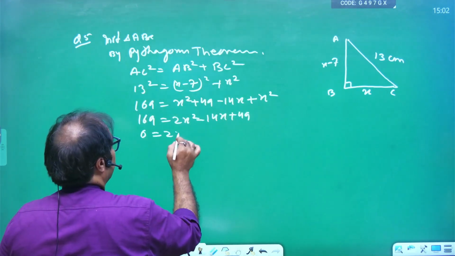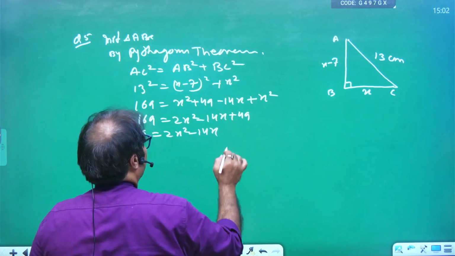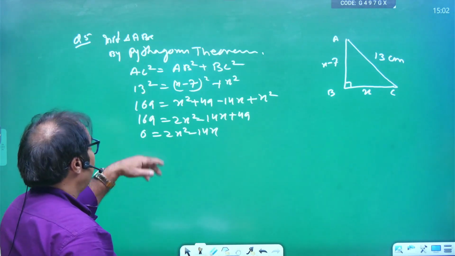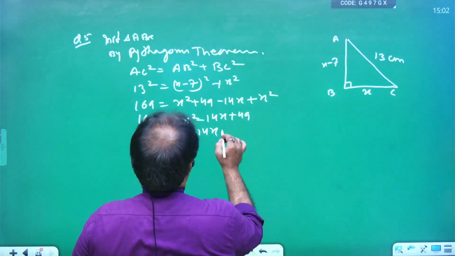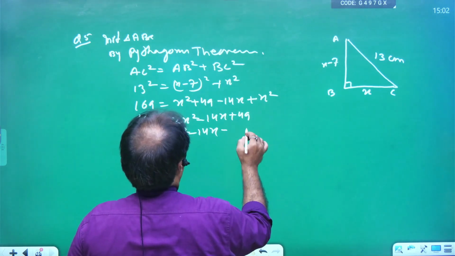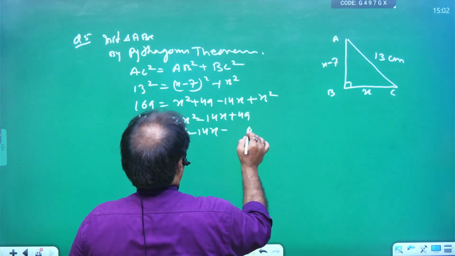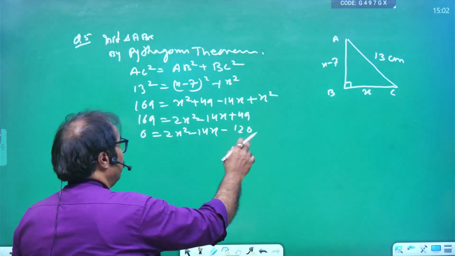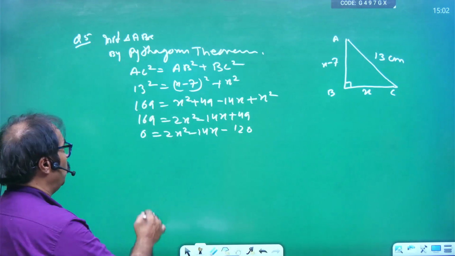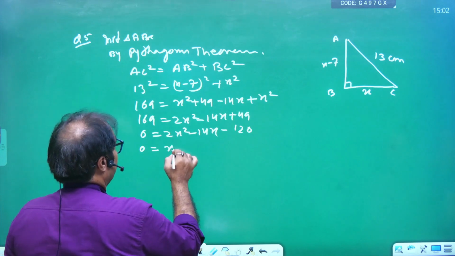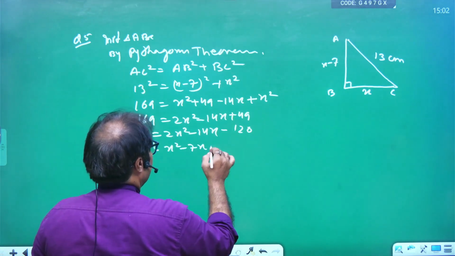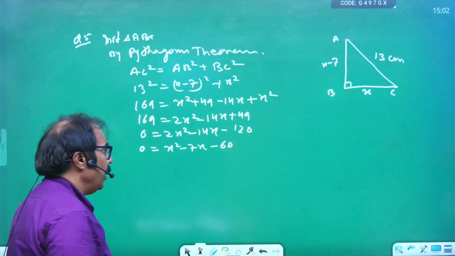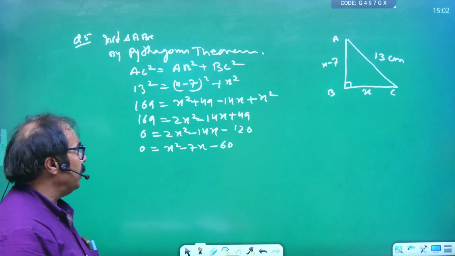So 0 is equals to 2x square minus 14x, and after the transfer the sign will change, 49 minus 169 is minus 120. And now make it simple by dividing by 2. So 0 is equals to x square minus 7x minus 60, and now split the middle term.